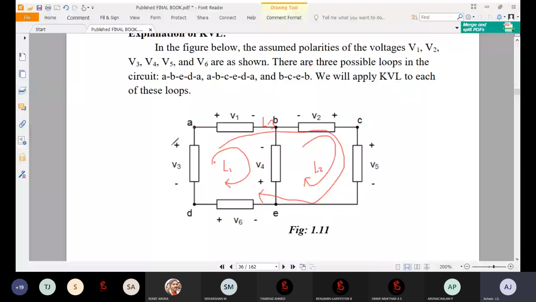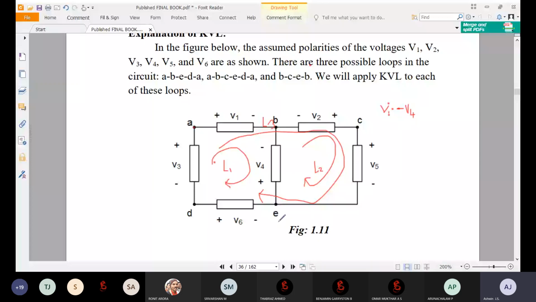So if I'm considering V1 as positive, since I am taking the value from positive to negative, then V4 is going minus to plus, so I will consider it with the opposite sign, as negative V4.